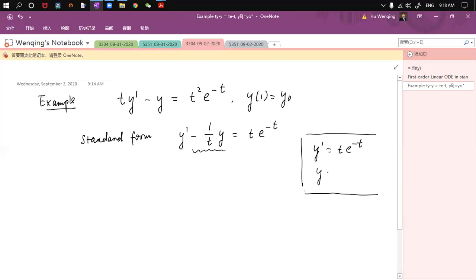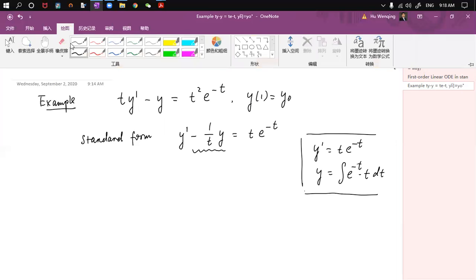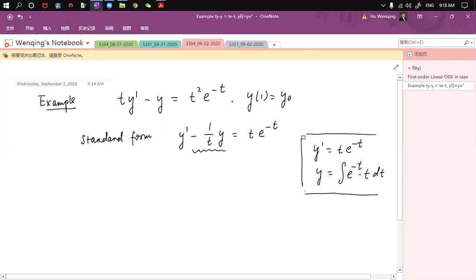Then y is just the integral of e to the minus t multiplied by t dt, so it's very simple business. But here you don't have this, so you never have such a nice situation where you are able to directly integrate your differential equation.